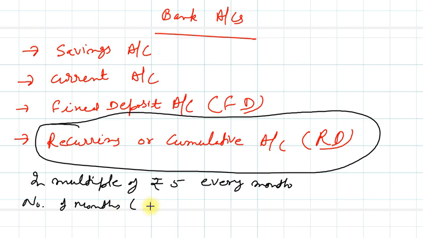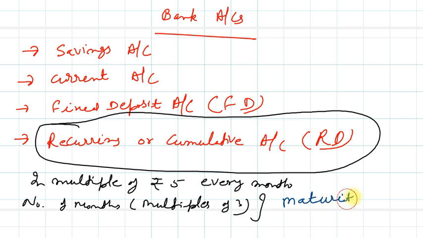The number of months is a multiple of 3, right? When this period expires, this period is called the maturity period.